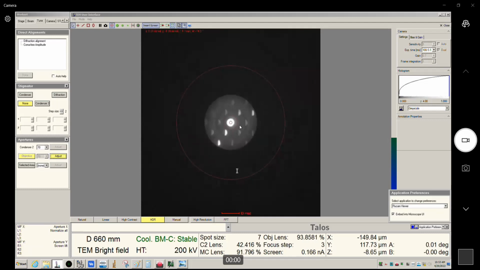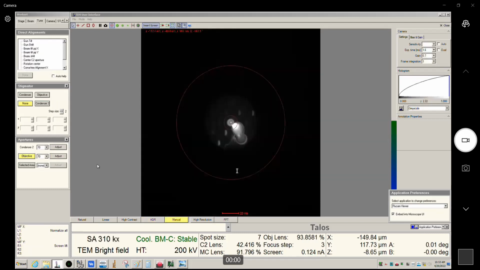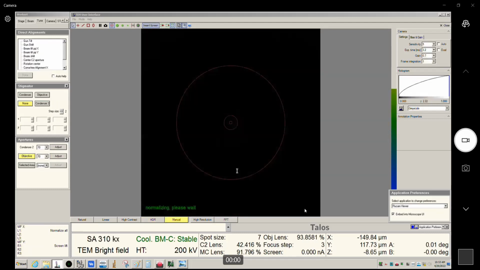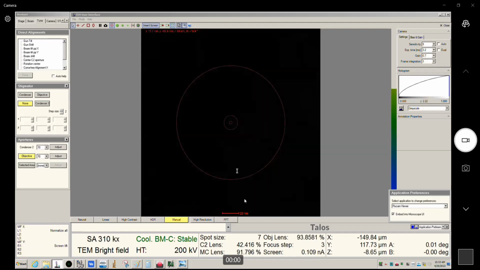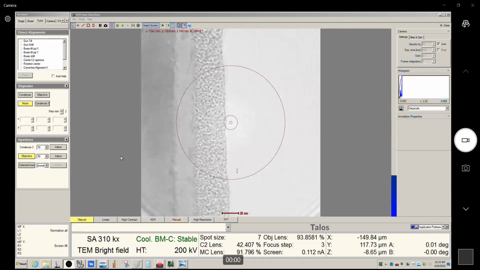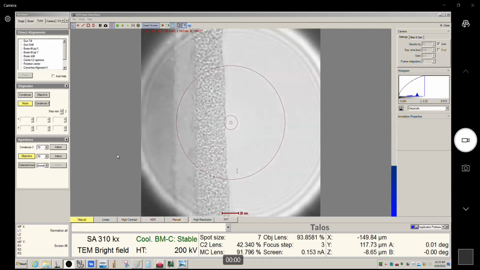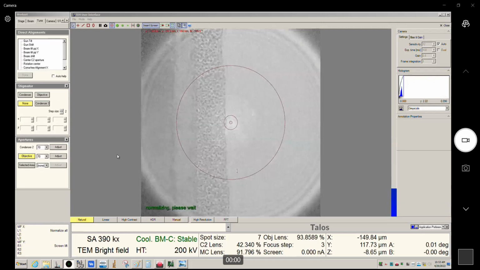So it's pretty good there. Basically we were using 1 second before at spot size 3. So what I'm going to do now is a 10-second exposure to try and get the same signal to noise that I was getting before.